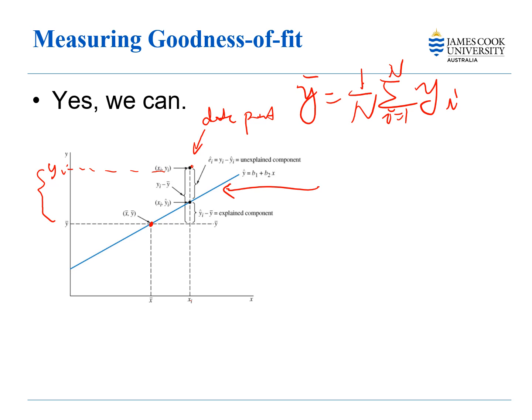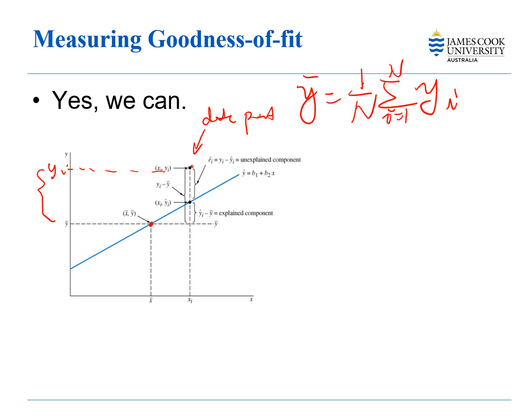And we can see that this deviation can be decomposed into two parts. One part is this. That's the component of the deviation that is captured by our regression, or explained by our regression line.